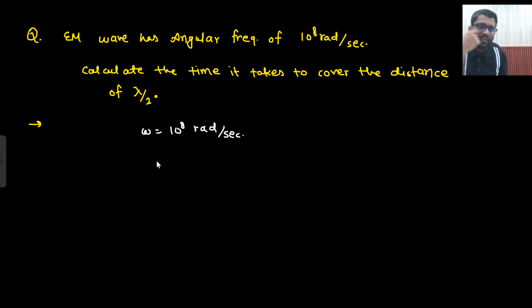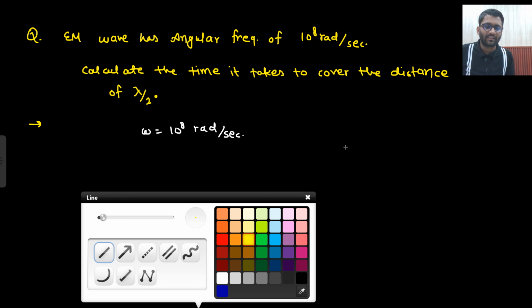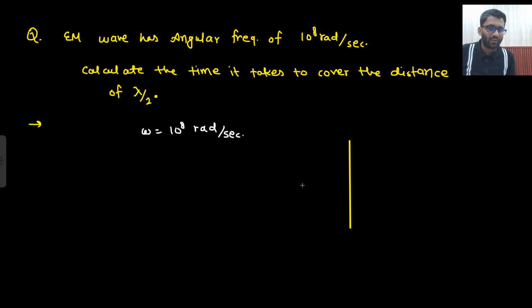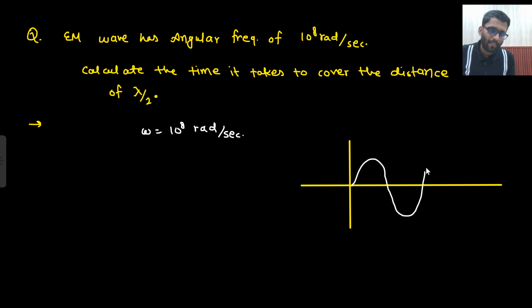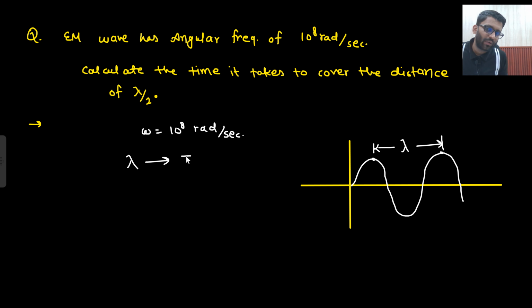So time I need to find. I can apply the formulas as well, but let's understand it by the concept, the core concept I have given, of how those formulas came. To cover from peak to peak, this distance is your lambda, right? To cover the distance of lambda, how much time do you take?